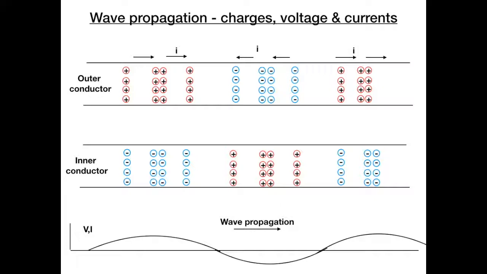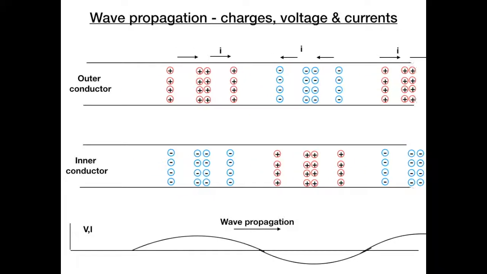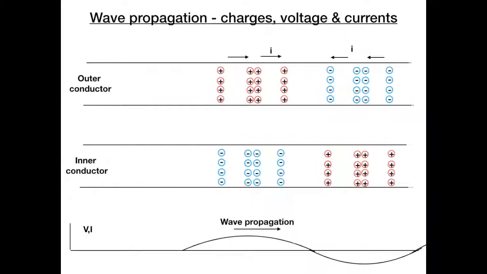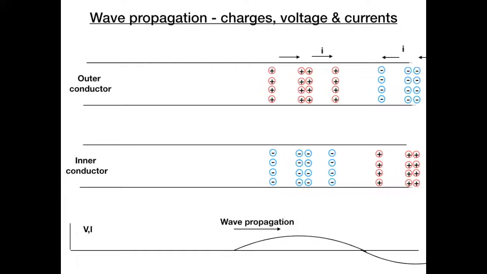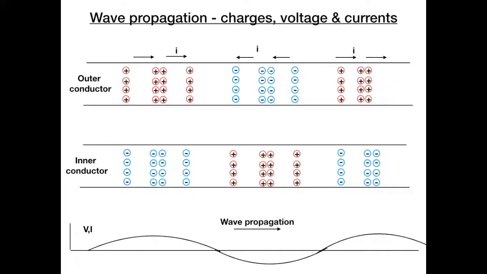When the wave is propagating, the charge density wave will be moving, and note that the current is highest, namely most positive, where we have the most density of charge, and the current is most negative when you have the negative charges moving. So here goes the wave and how it propagates. You can see that the voltage and current are in phase. You have a maximum voltage where you have a maximum current.